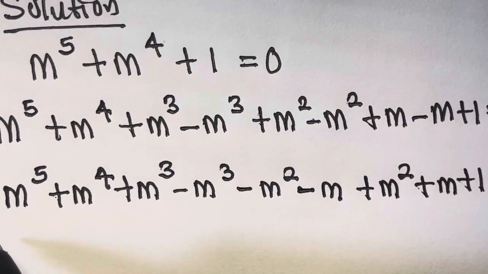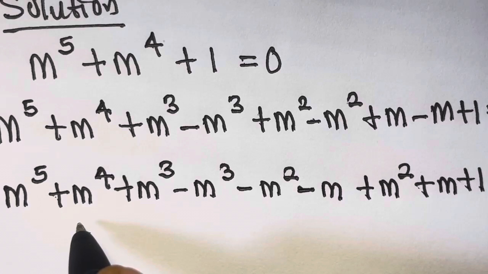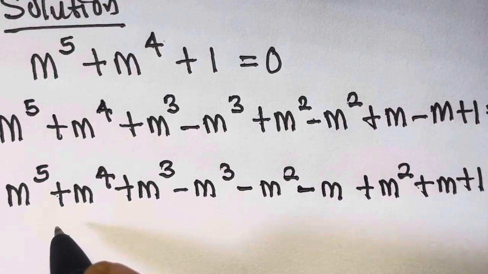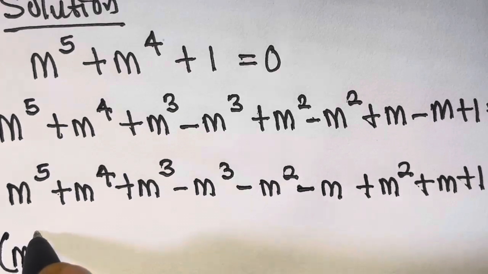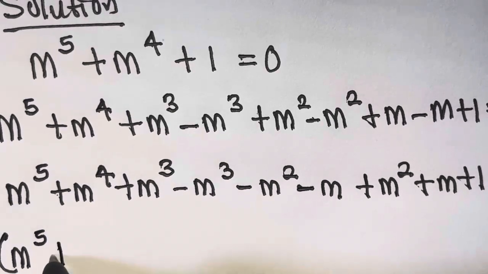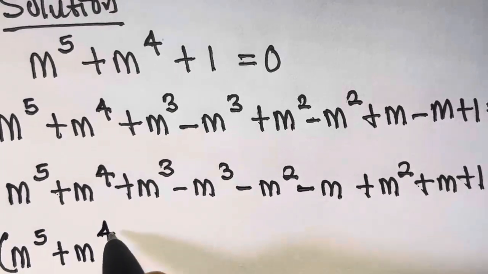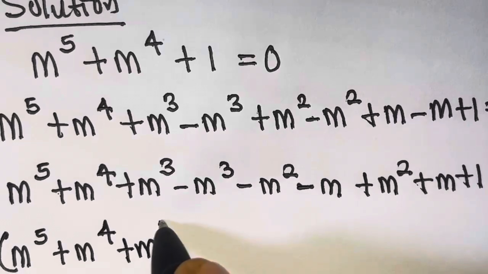So now let us take them three at a time according to their order of power, we will have m raised to the power 5 plus m raised to the power 4 plus m raised to the power 3.